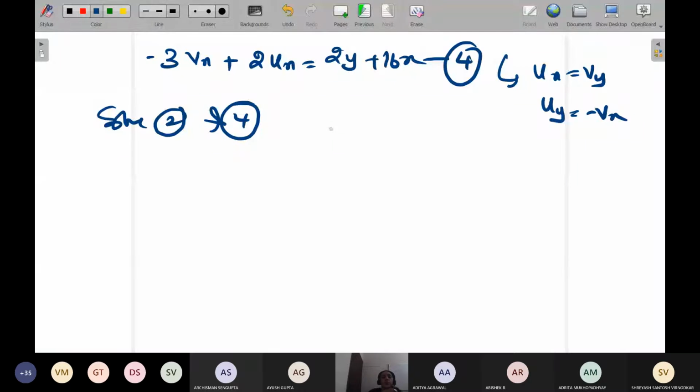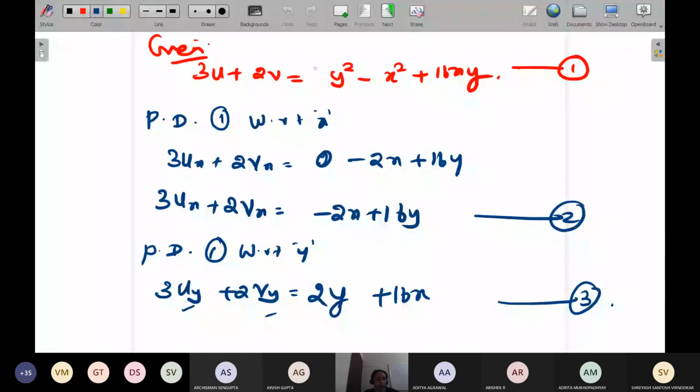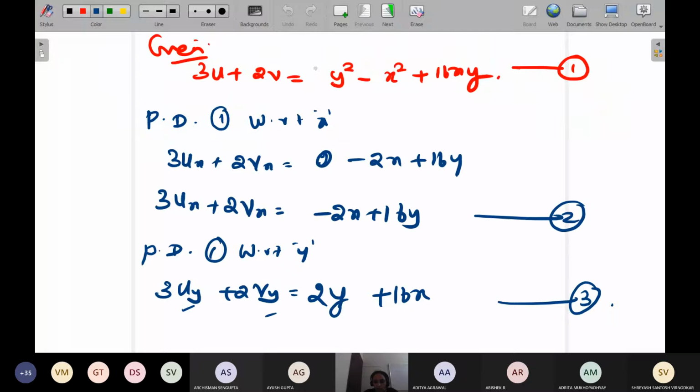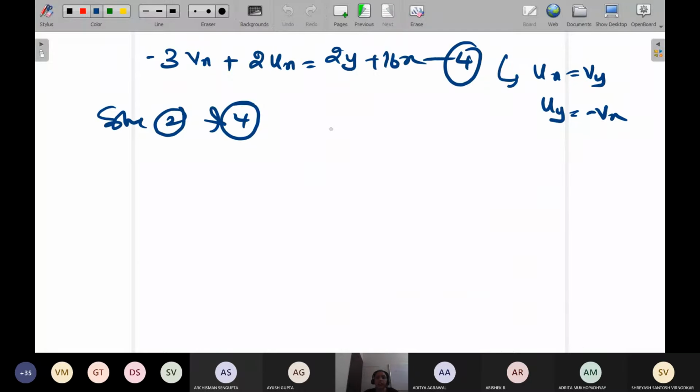Come on, solve it. Normal simplification. You have 3ux plus 2vx, so you can multiply by 3 and subtract it, and tell me the value of ux and vx. Simple simplification.